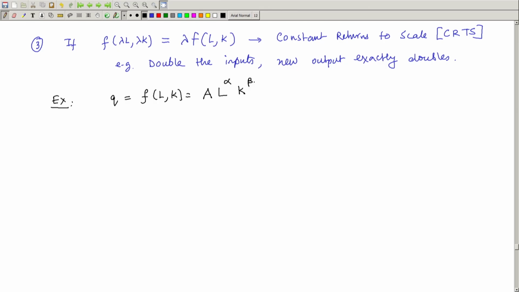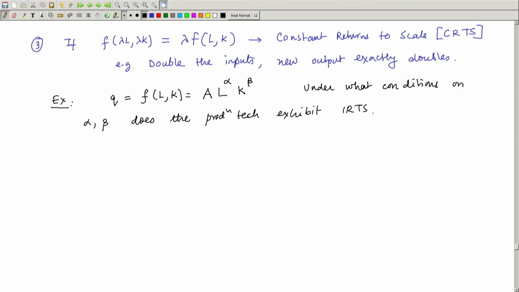We are interested in finding for what values of alpha and beta, right, under what conditions on alpha and beta, does the production technology exhibit increasing returns to scale, decreasing returns to scale, or constant returns to scale. So, let us think about this.